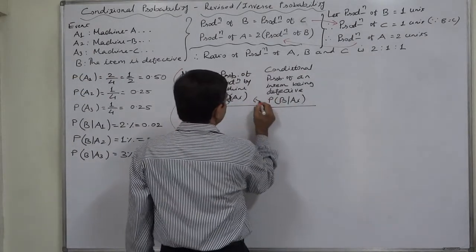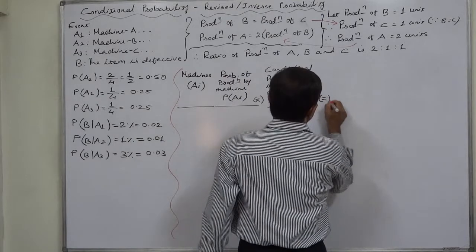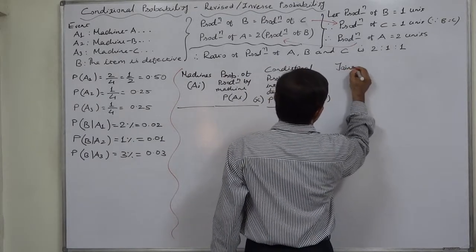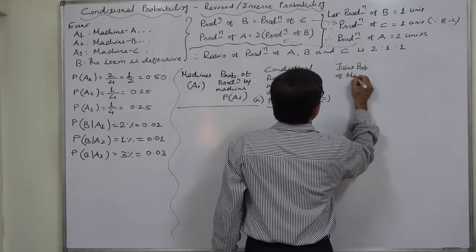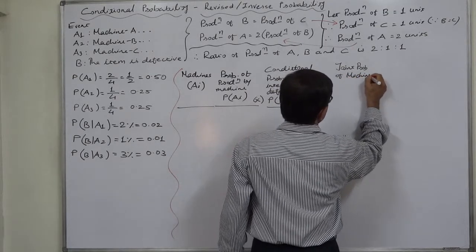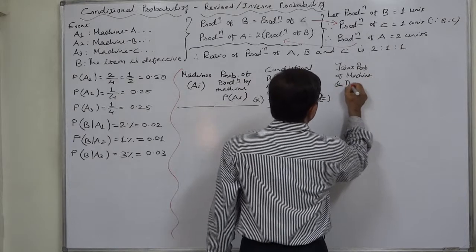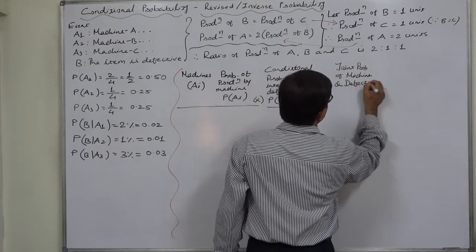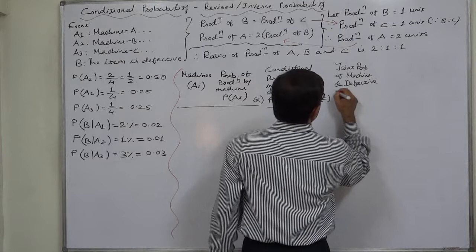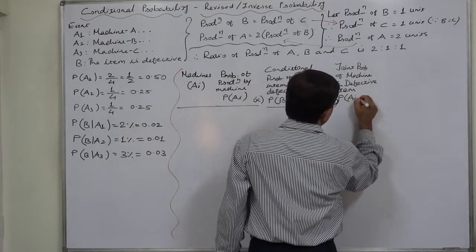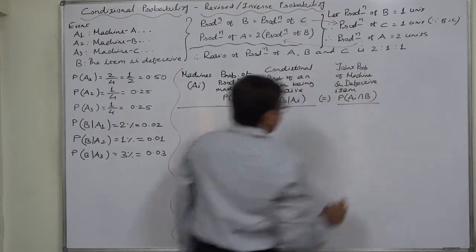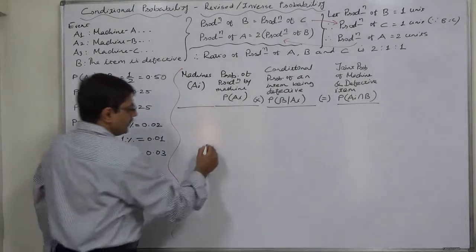If we multiply these two, we can have the joint probability of machine or production by machine and defective item. That is P of AI intersection B. We know the concept of conditional probability.